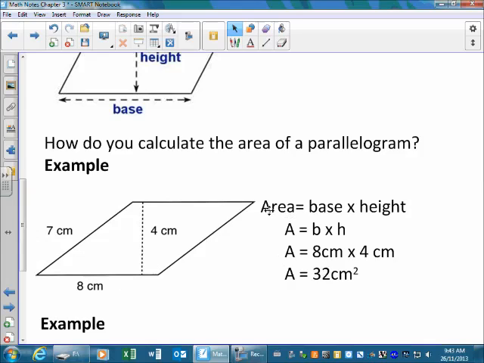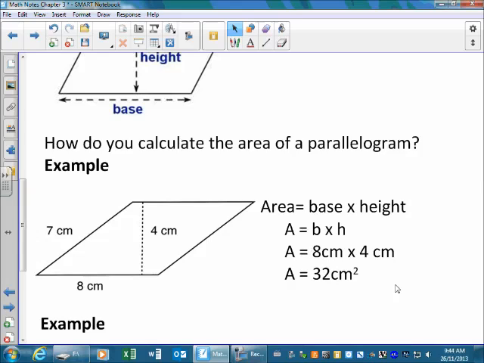Here's the formula that we're going to use. Last year you used area equals length times width. This year and for the rest of your existence on this planet, you're going to use the formula area equals base times height. Our abbreviations are A for area, B for base, and H for height. Then we just plug the numbers in. Here's our base, 8 centimeters, so we put 8 centimeters in there.